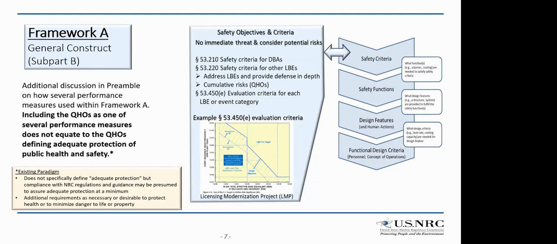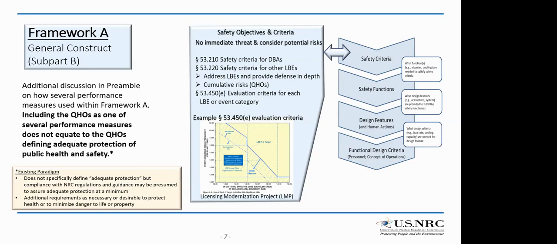So unfortunately some of the slides get busy when you're trying to explain them. So I'm going to start on the right of this slide, and you'll see the chevrons. And within Framework A, these form a hierarchy of requirements that step through, and we consistently use them throughout all the subparts.